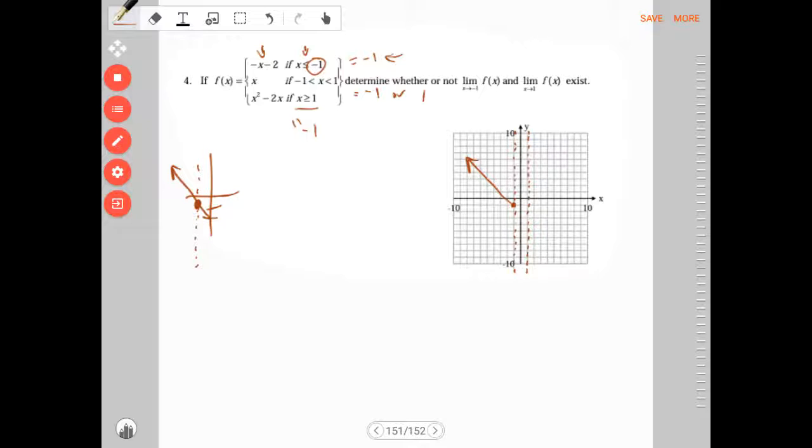Awesome. Now we're on the middle graph, y equals x. Remember, y equals x is a straight diagonal line that goes like this. The boundary is between negative 1 and positive 1, so we go from there to there. That's the only part of the graph I draw.